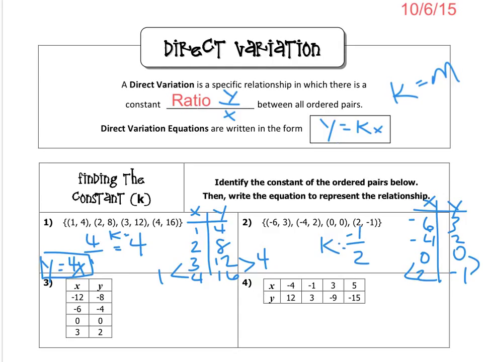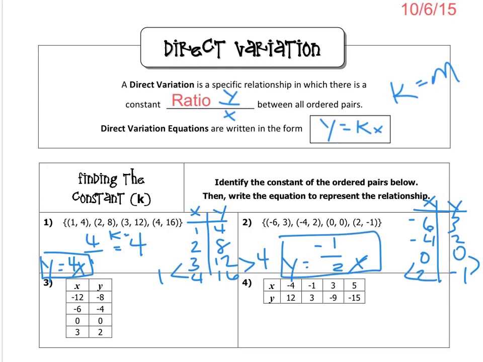When I rewrite it, I would write y equals -1/2 x. And that would be your answer for this problem.